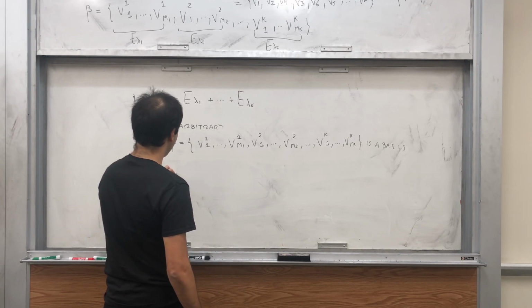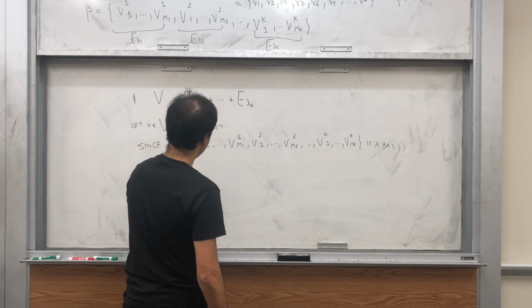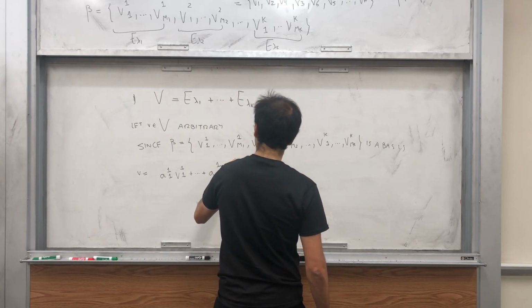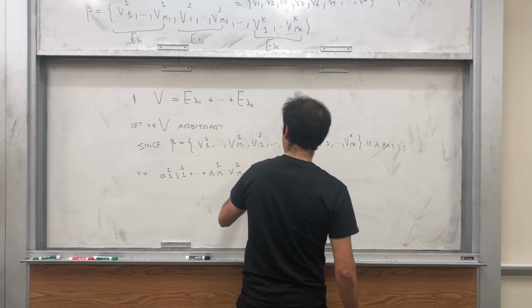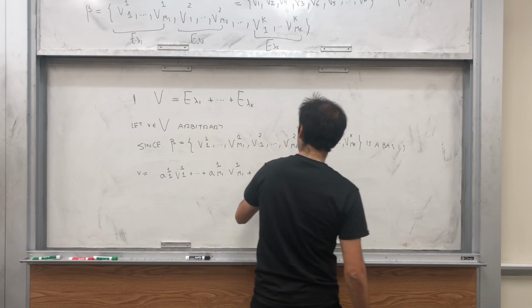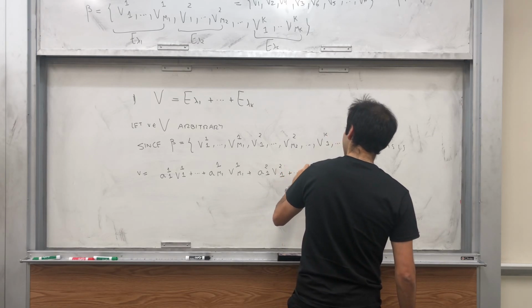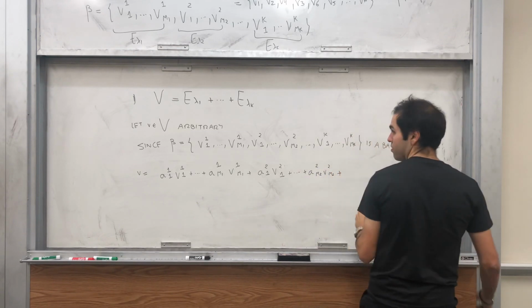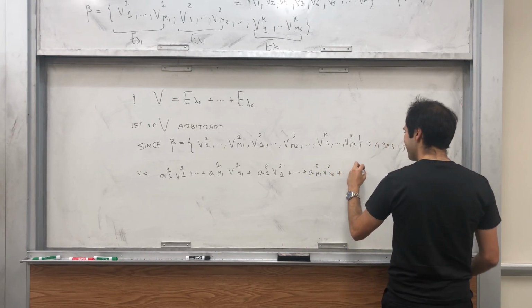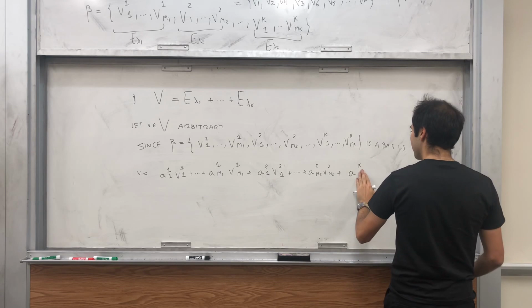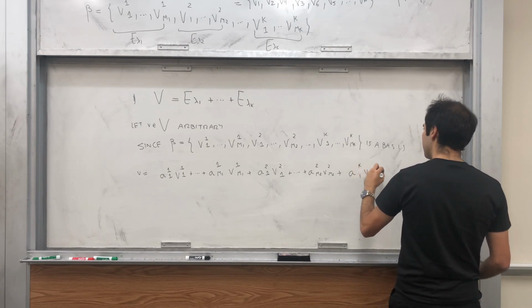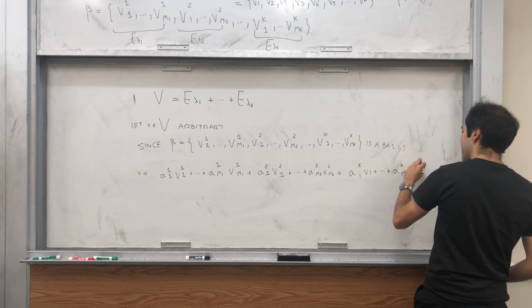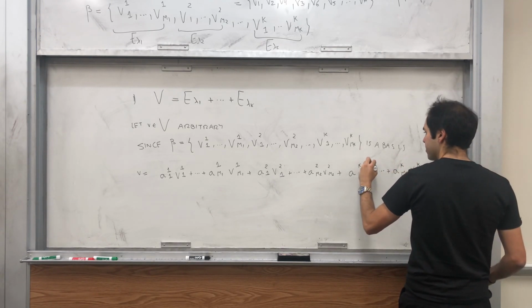So A11 V11 plus ... plus A1M1 V1M1 plus A21 V21 plus ... plus A2M2 V2M2. Crazy number of indices, but Vk1 ... plus AkMk VkMk, that's a k here.